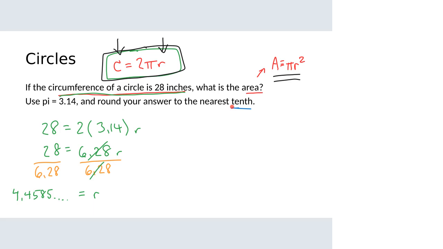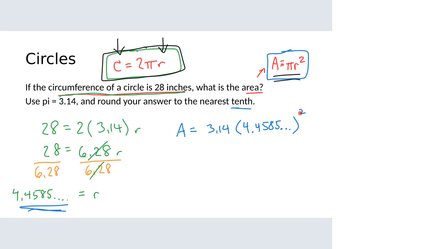So I'm going to keep this really long decimal here on my calculator. I'm going to leave it sit there. And now I'm going to use the formula for the area of a circle to find that. The area is going to be pi times the radius, which is that really long decimal, squared. The good news is I've still got that really long decimal sitting on my calculator, so I can go ahead and square it.